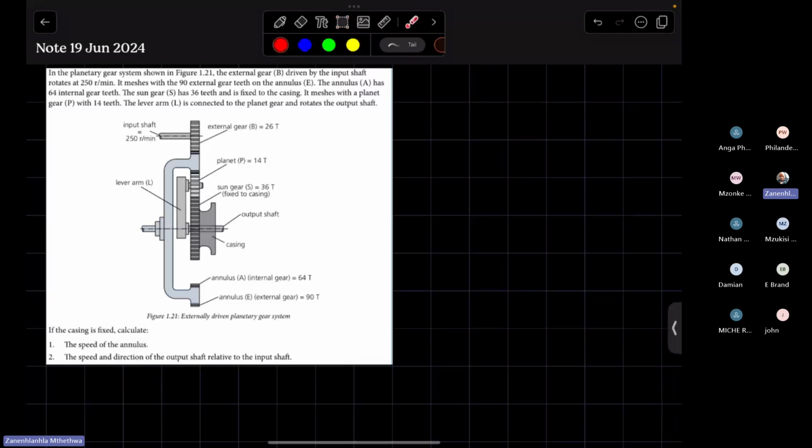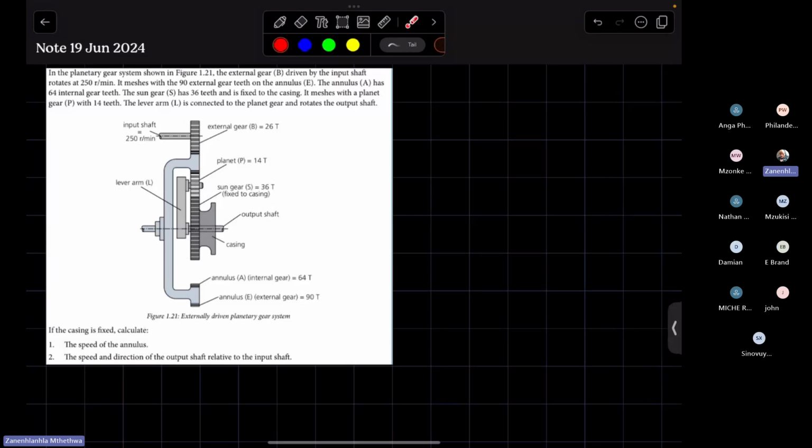Now, I don't know if you guys remember, but in the session we had when we looked at epicyclic gears, I said you get epicyclic gear systems that have external gears that are not necessarily part of the epicyclic gear system, but we make use of them because a particular system requires that you have the input shaft fitted onto an external gear, for whatever reason.